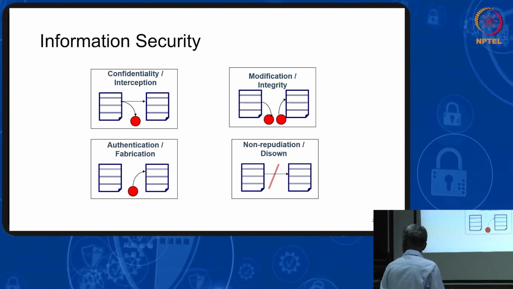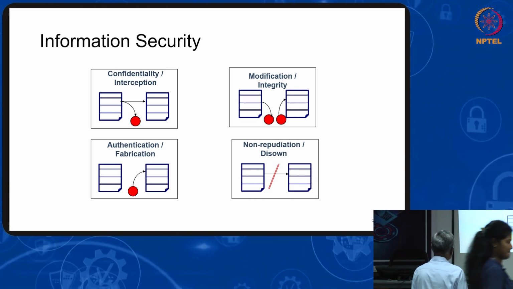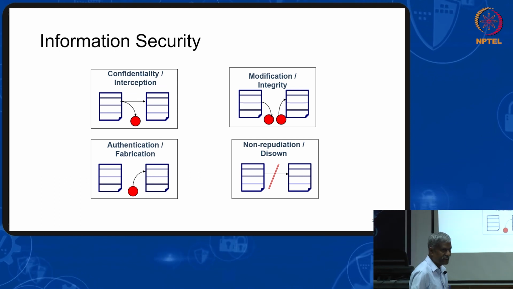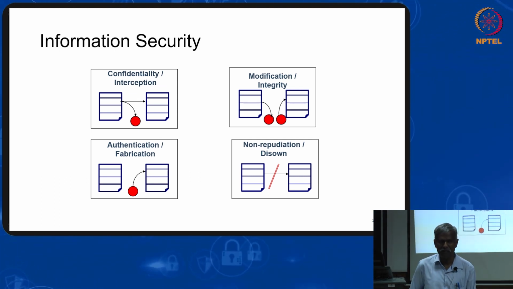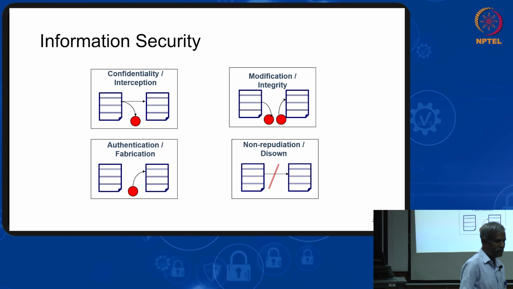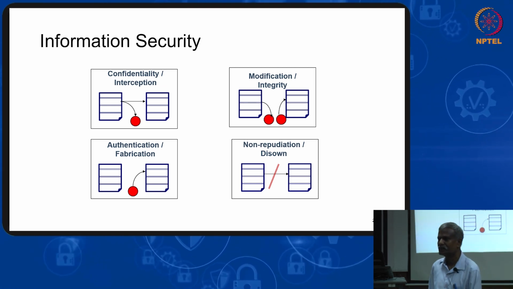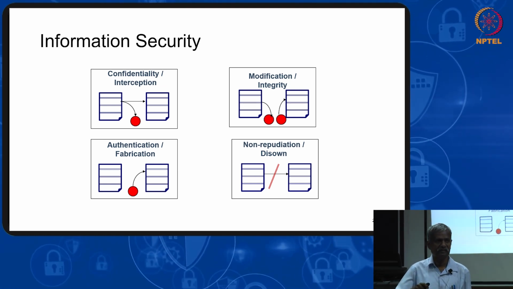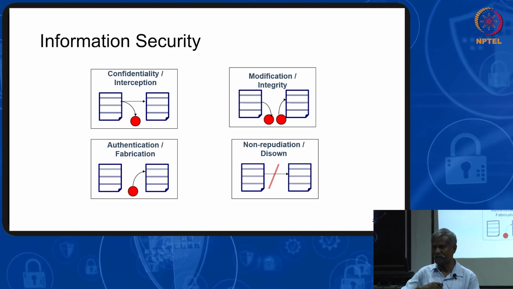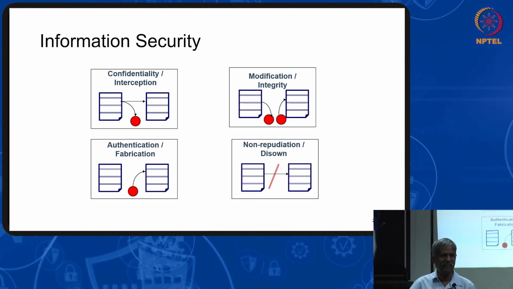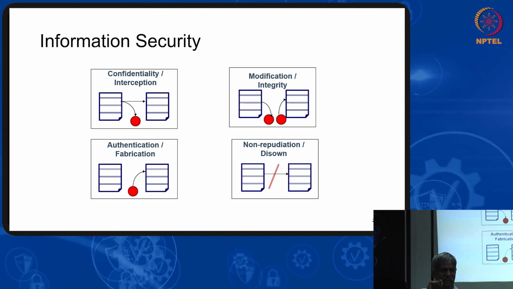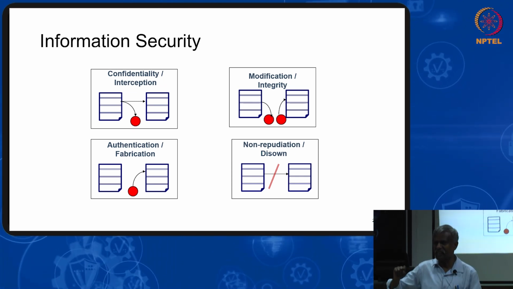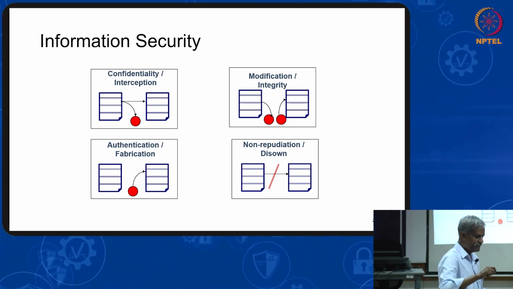Why we need information security is, we have to maintain confidentiality. Whenever I set a question paper for my BTech or MTech students, I put it in a cover, print it, put it in a cover, and outside the cover I write confidential. Then I hand it over to the controller of examination.